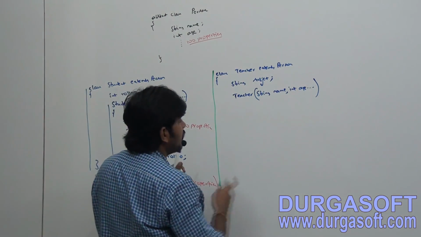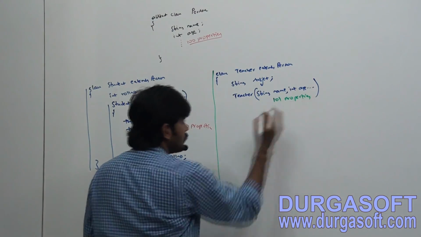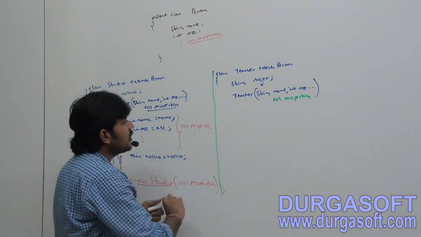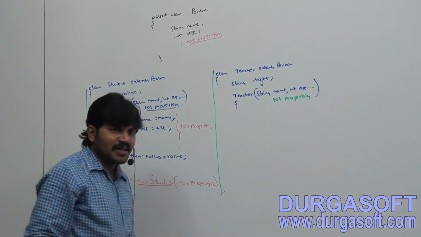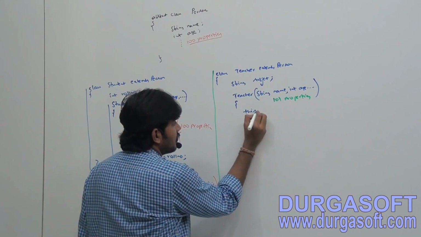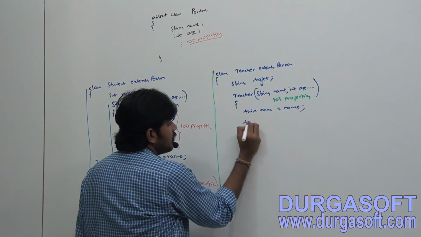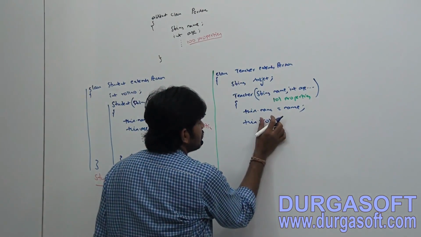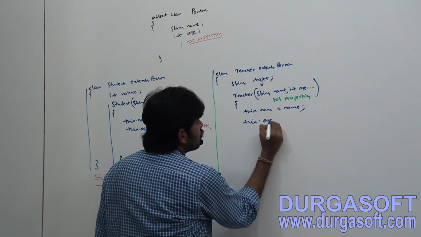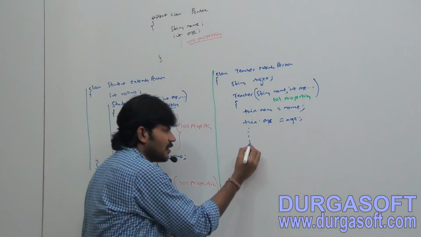Are you getting? Sir, within the constructor, how many lines of code do we have to write? This dot name is equal to name, this dot age is equal to age, dot dot dot.